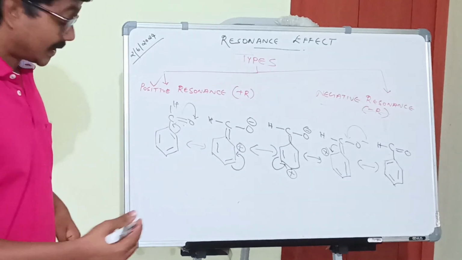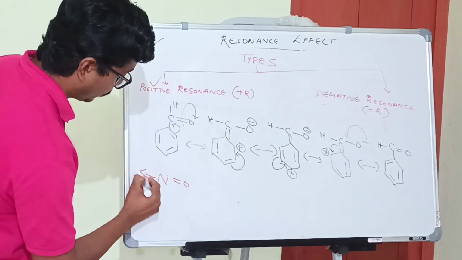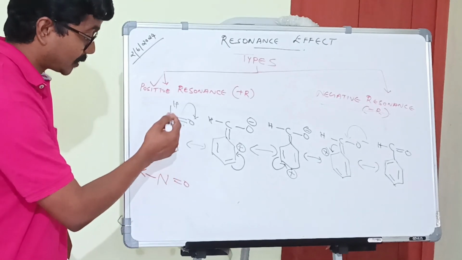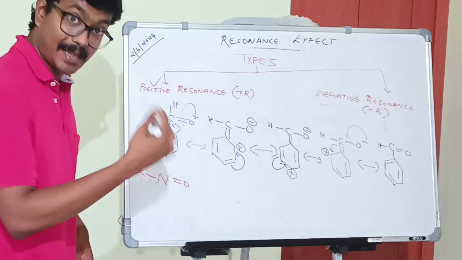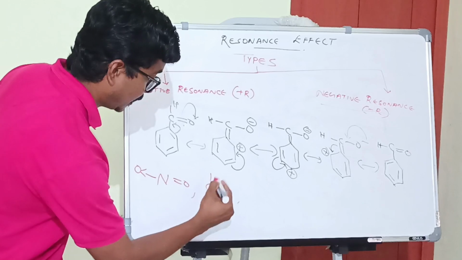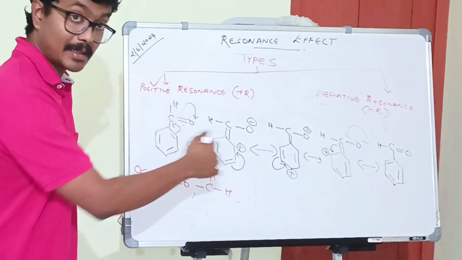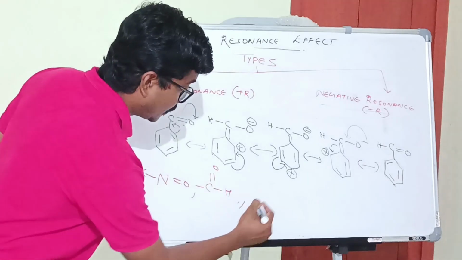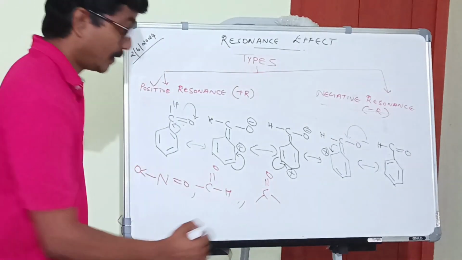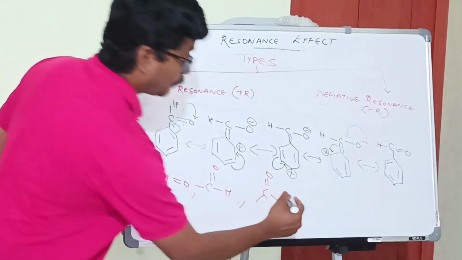There are certain examples like NO2. If the nitro group comes in the position of the aldehyde, the same negative resonance effect is facilitated. Or C double bond O H, this is the aldehyde group that we have illustrated here. Or C double bond O R, a keto group.